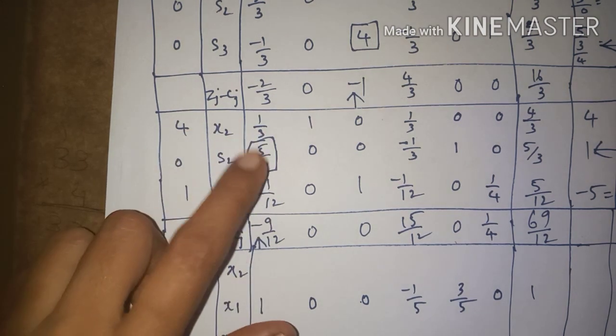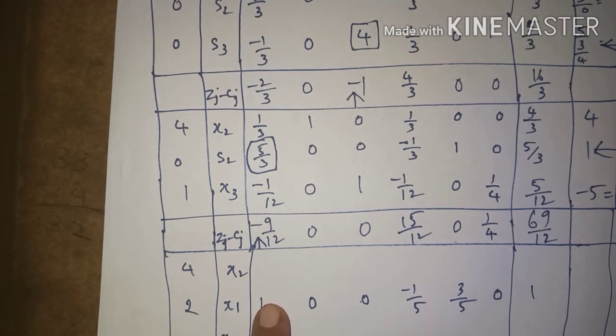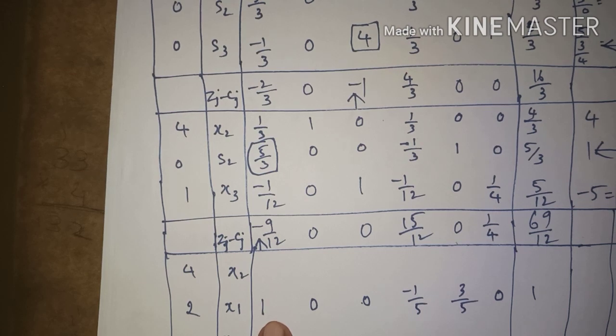After converting the pivot element into 1, whatever row we get is the new row: 1, 0, 0, minus 1 by 5, 3 by 5, 0, 1.